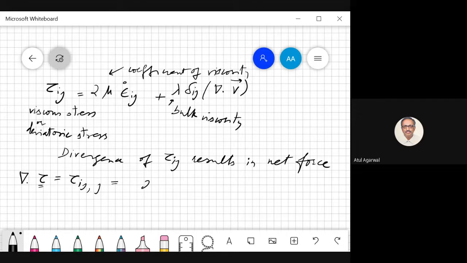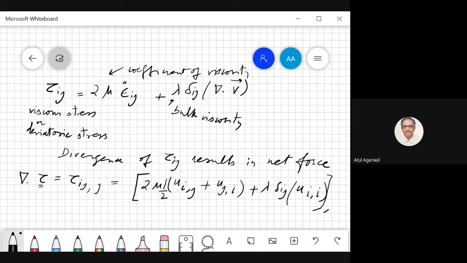So you have the expression 2 mu (ui comma j plus uj comma i), this is a strain rate, plus lambda delta ij, this is your divergence of velocity, which is equal to ui comma i. So you have to find comma j of this.